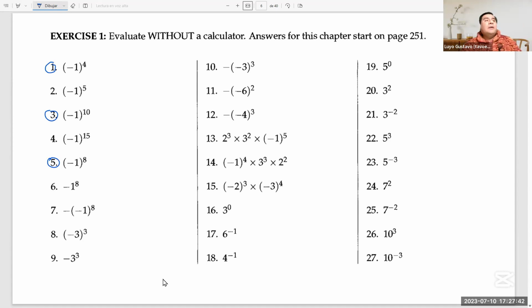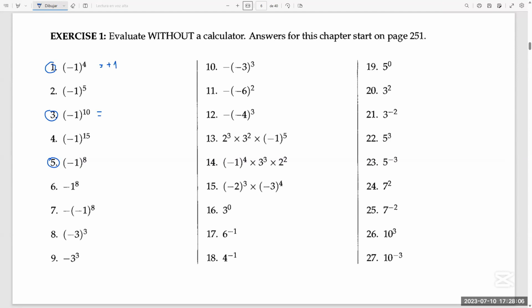So, what about number 1? What is this? 1. Positive 1 or negative 1? Positive. Positive 1. Very good, right? Just 1. What about number 3?